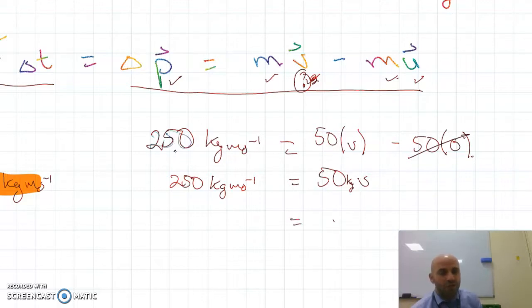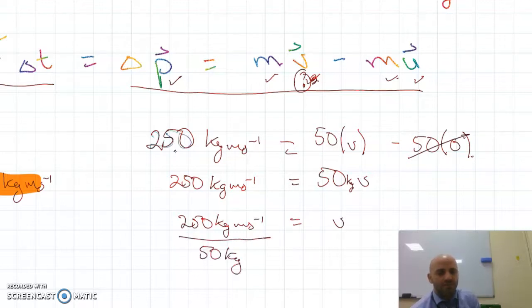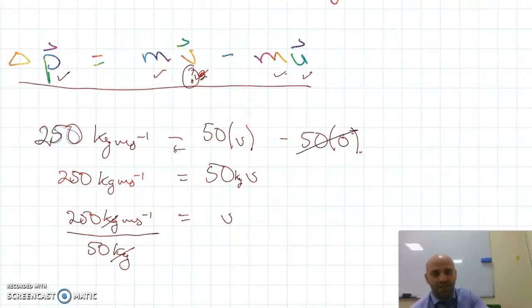So now what I do is I simply divide both sides by 50 kilograms, and that leaves me with 250 kilogram meters per second divided by 50 kilograms. The kilograms cancel, and I'm left with a velocity or a speed of 250 divided by 50, which is 5 meters per second.